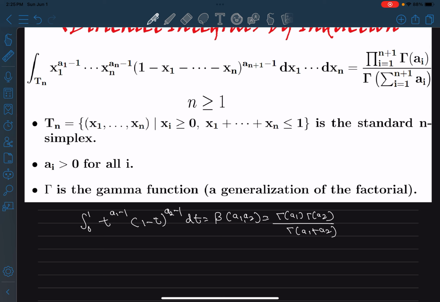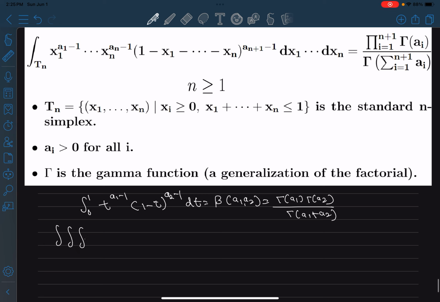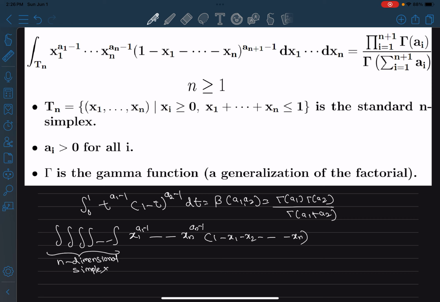So we are just trying to generalize this integral, and in n dimension, this actually becomes an integral over the n-dimensional simplex. I will tell you what that is. Our domain is the n-dimensional simplex, and what we have is all these variables, right? There are n xn's, and then also 1 minus x1 minus x2 up to minus xn, raised to an plus 1 minus 1.